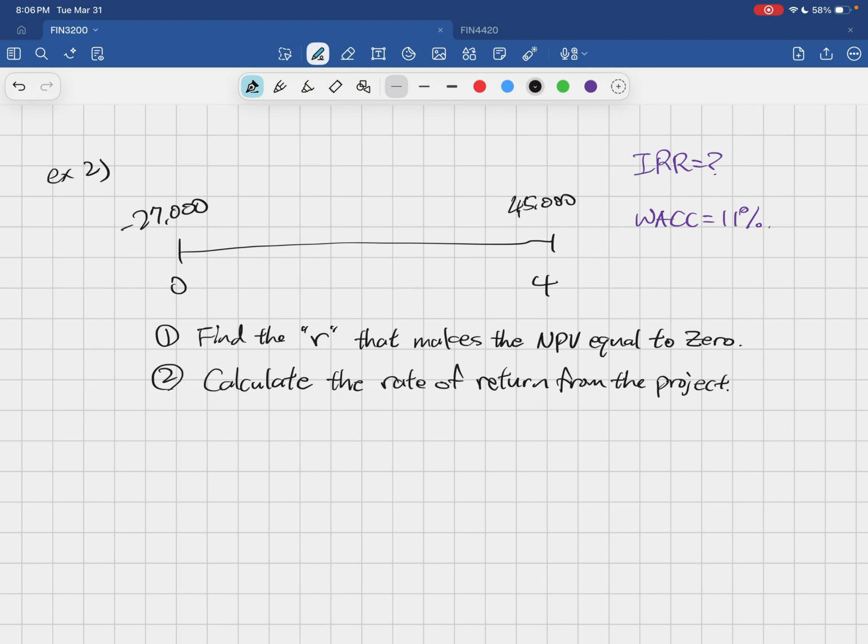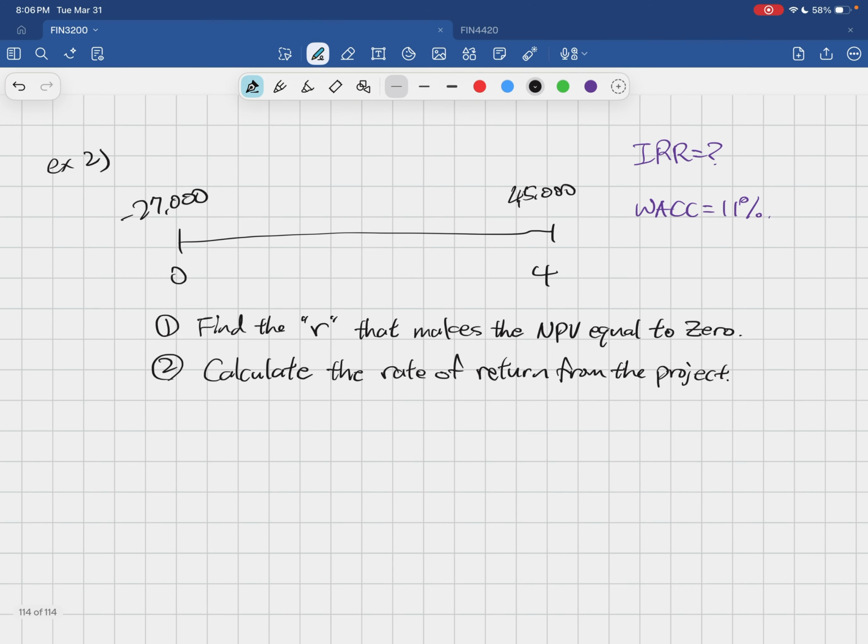Remember, these were the definitions of IRR. There are two definitions. The internal rate of return is the R that makes the NPV of the project equal to 0. It's also the rate of return generated from the project. So we'll do this both ways.